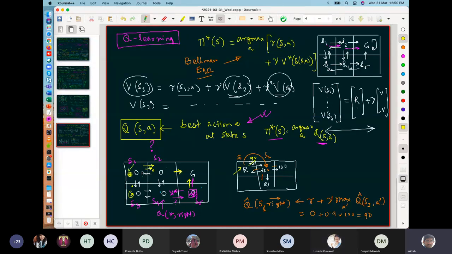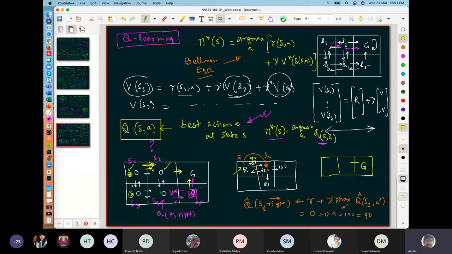Yes, but sir. If you are here, then moving here has an outcome here as 100. Which means it has a cumulative reward of 100 into 0.9 from this state via this state. So this action, the right side, has a greater value than 0. Are you agreeing? Let me make it smaller.